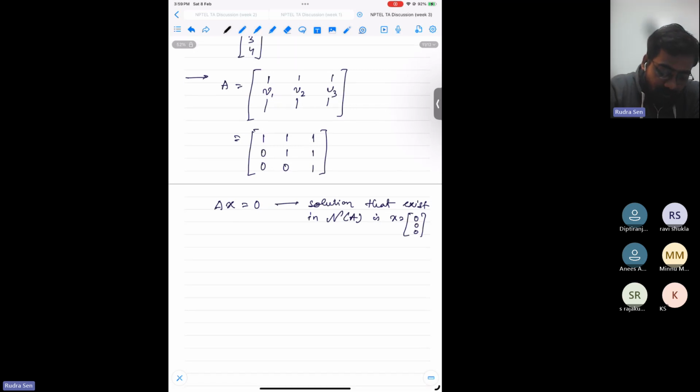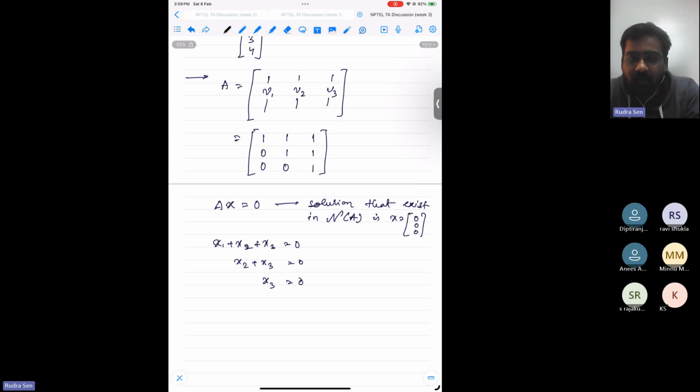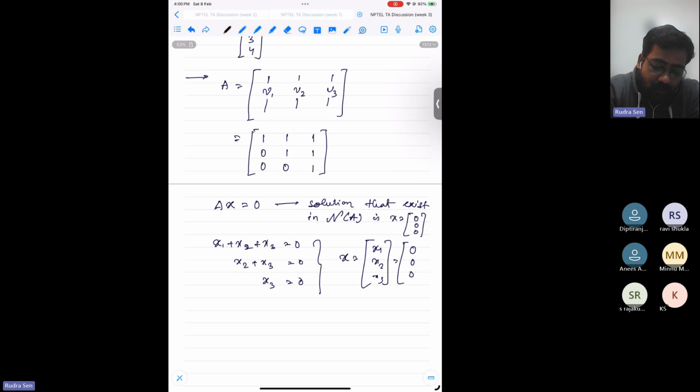From here, the first equation is x1 plus x2 plus x3 equals 0, then x2 plus x3 equals 0, and then x3 equals 0. These are the three equations that we get. Put x3 over here, you will get x2 equals 0, and then put x2 and x3 over here, you will get x1 equals 0. So the solution is x equals x1, x2, x3 equals 0, 0, 0.